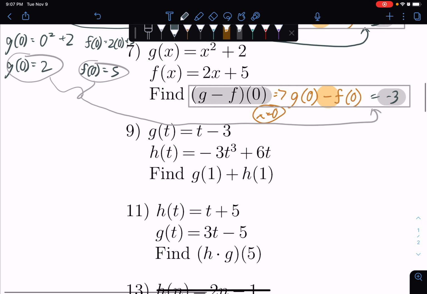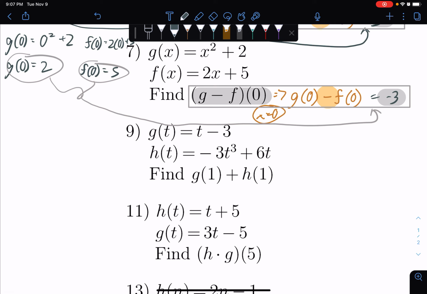So for g sub 1 plus h sub 1, we acknowledge that the operation is addition and our t is equivalent to 1. Let's solve for g of t. So g of 1 is equivalent to 1 minus 3. It's already obvious. You can now say that g of 1 is equal to negative 2.